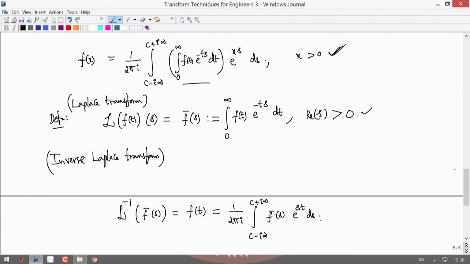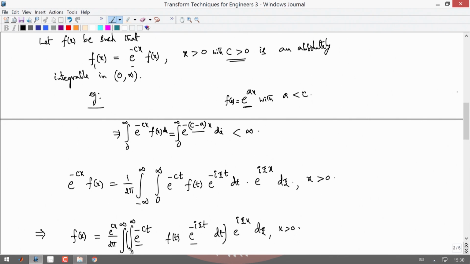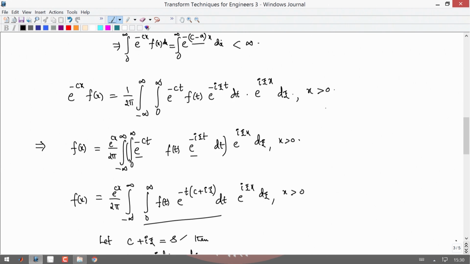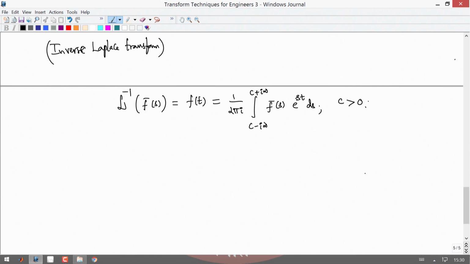And that is it. So, what is c? If it is a constant function, a is 0, and c is always bigger than 0. So, let me put it, minimum c is positive, that way c is simply positive. So, what is this integral? In the inversion, the integral is a contour integration.